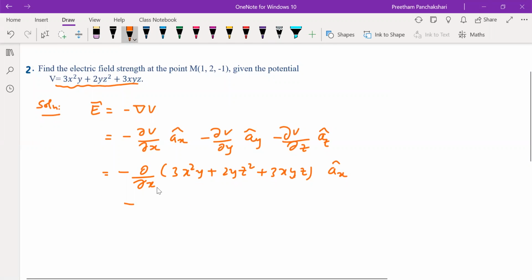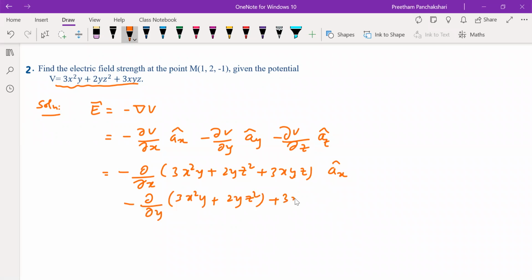Similarly, we have the y component of electric field, which is given by the differentiation of 3x square y plus 2y z square plus 3xyz, ay cap, minus dou by dou z of 3x square y plus 2yz square plus 3xyz, az cap.